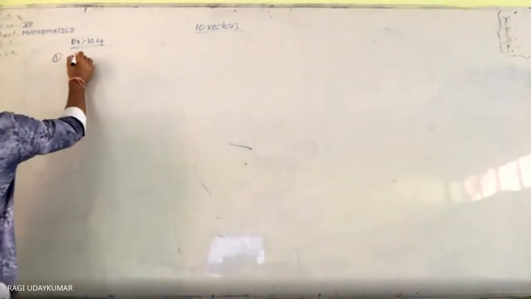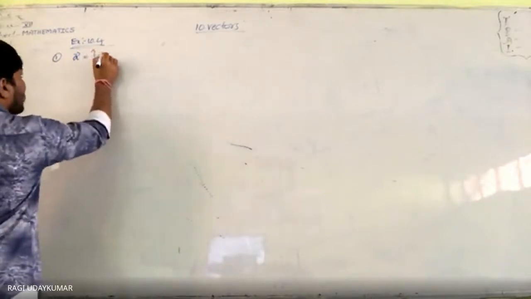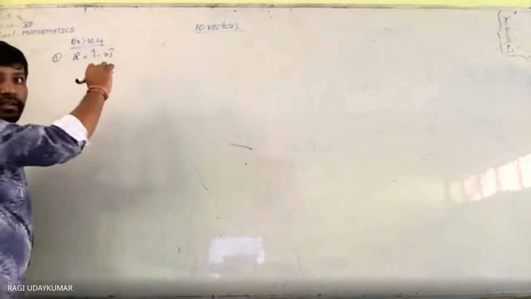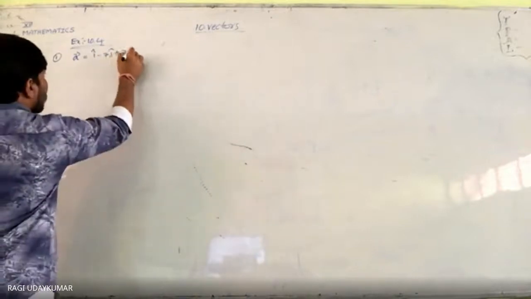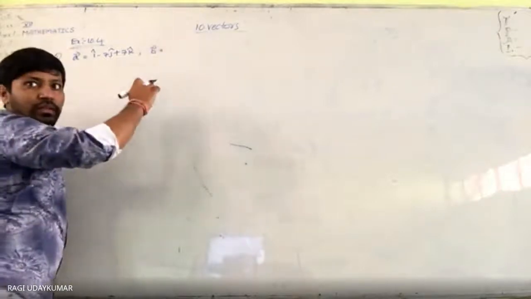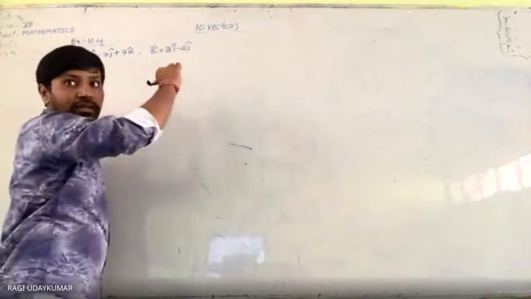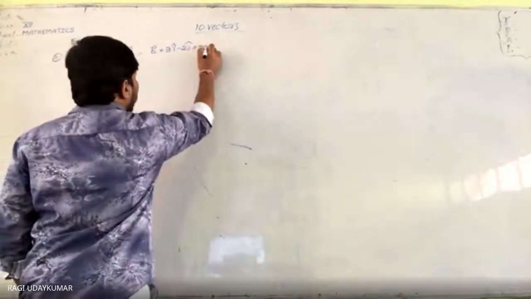It asks you to find the magnitude of a bar cross b bar. First, the vector a is given as i minus 7j plus 7k, and the b vector is given as 3i minus 2j plus 2k.